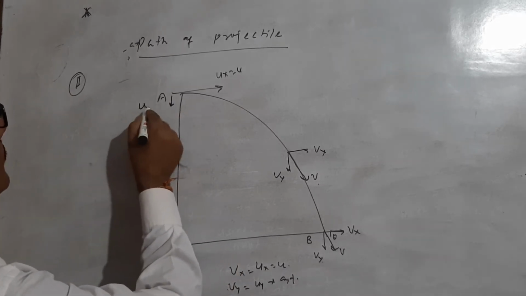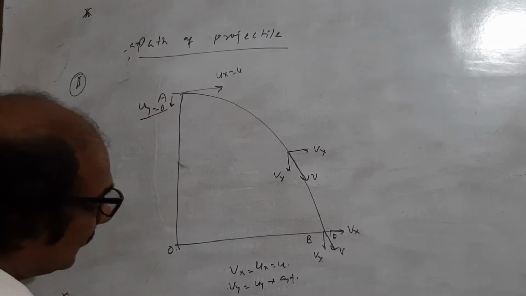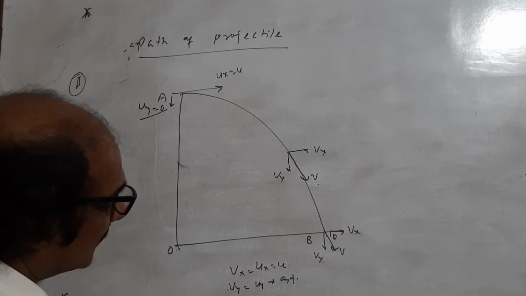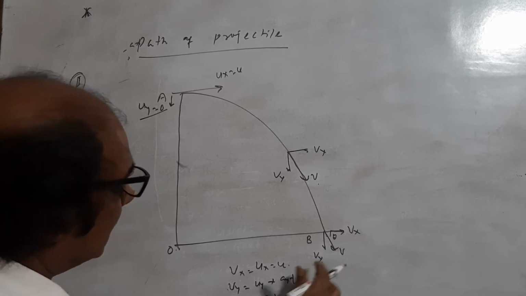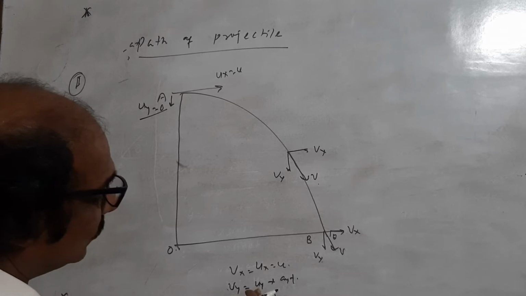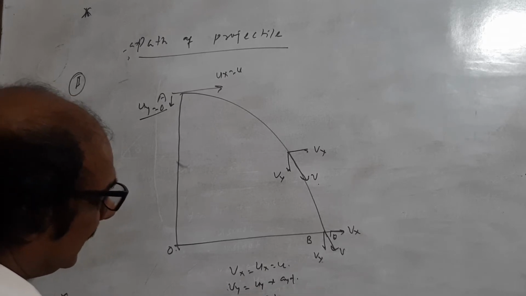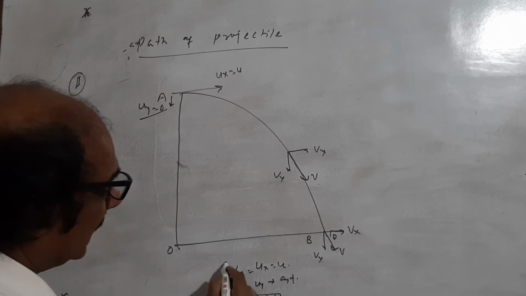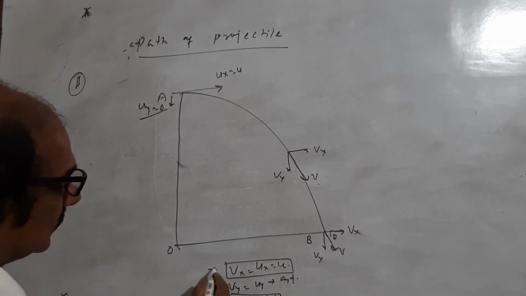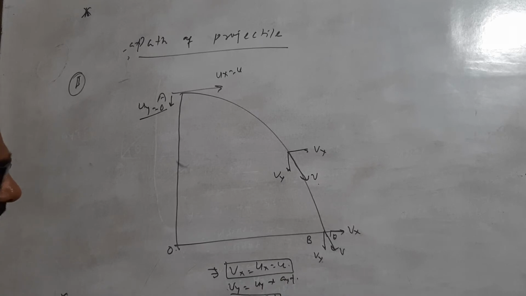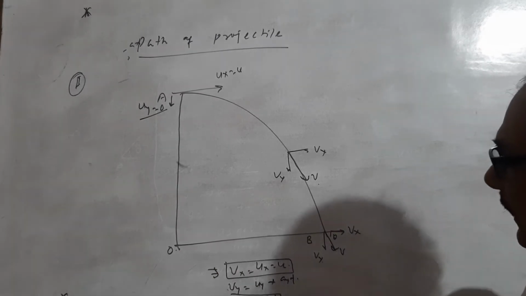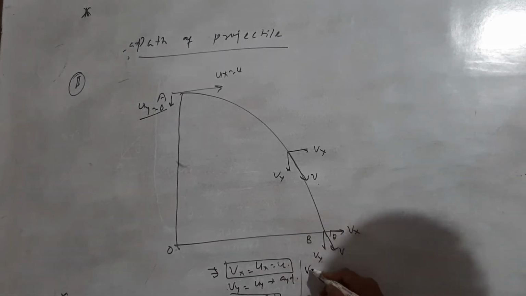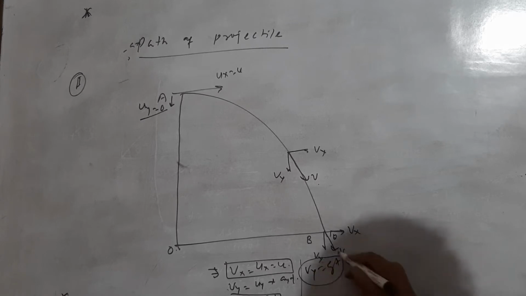Here the initial velocity uy equal to 0, so vy is equal to gt. This is the velocity along the x-axis, this is the velocity along the y-axis, and vy equal to gt.